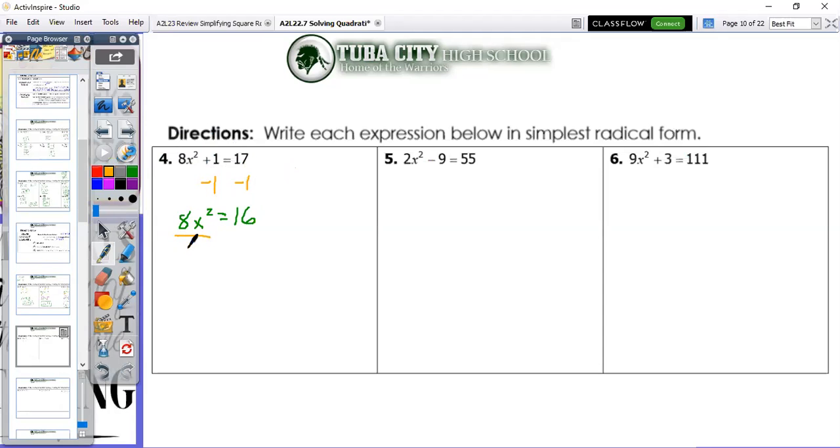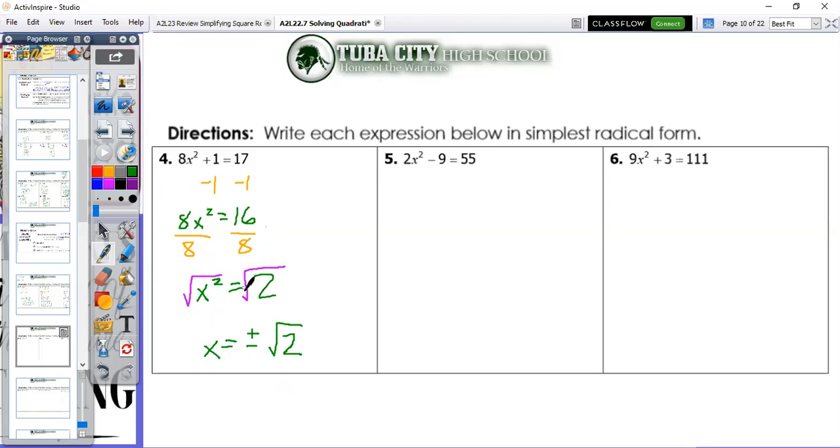Now, that's 8 times x. So to do the inverse, I would have to divide both sides by 8. So I get x squared equals 16 over 8, which is 2. And I'm going to go ahead and take the square root of both sides. Now, undoing this, again, you've got to remember that there is a positive and negative solution.